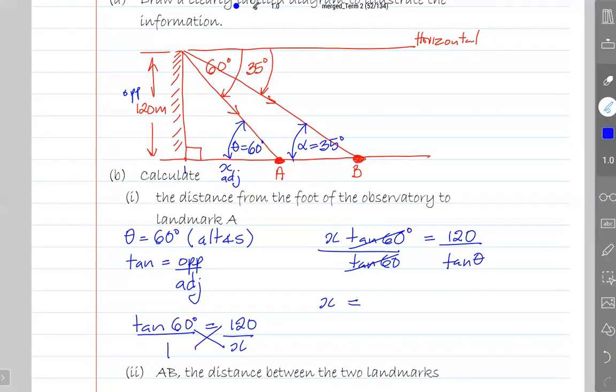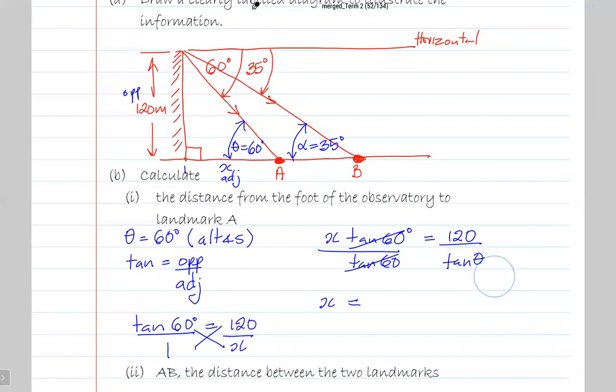All right, made a slight error here, easily corrected. So the distance from A to the foot of the observatory is 69.3 meters.